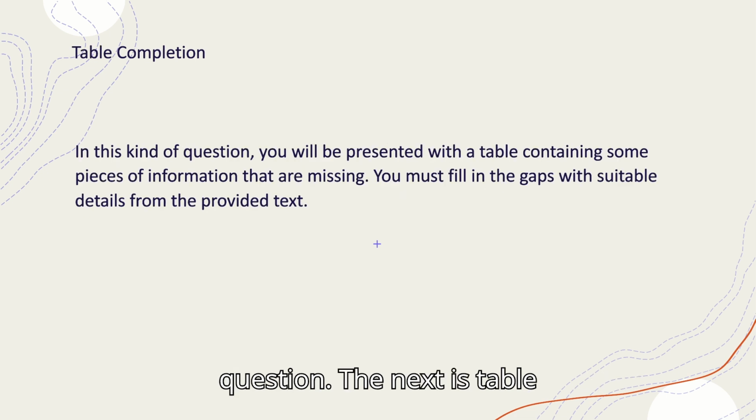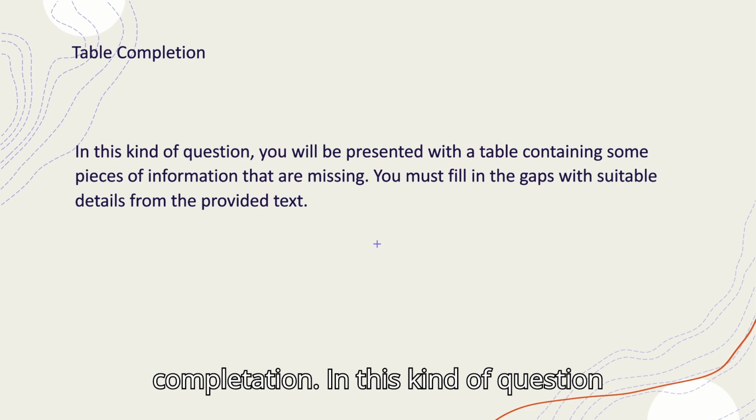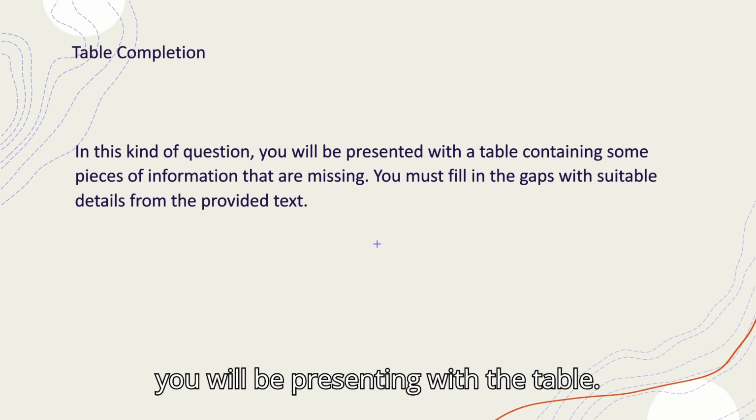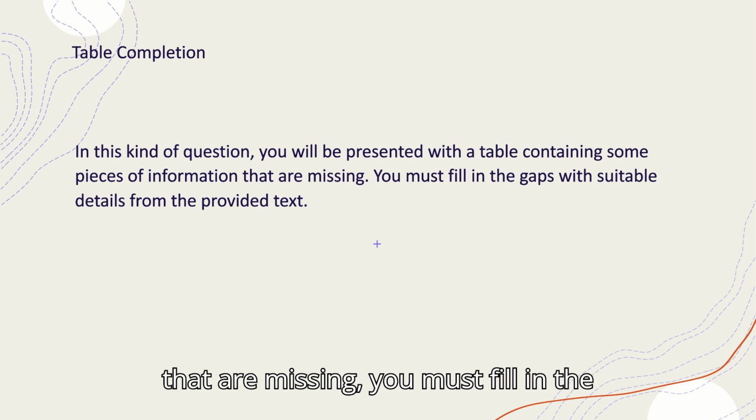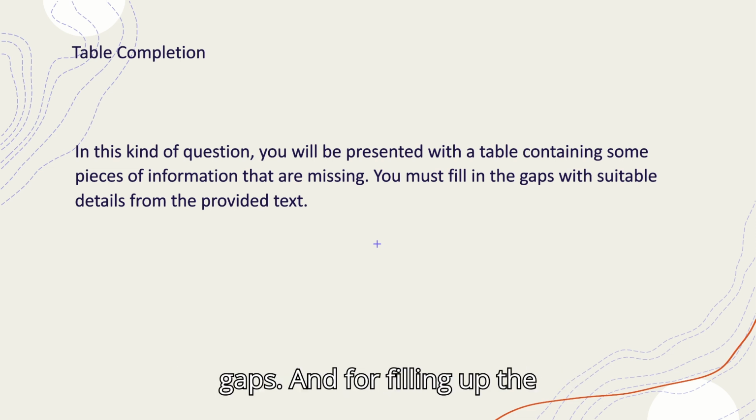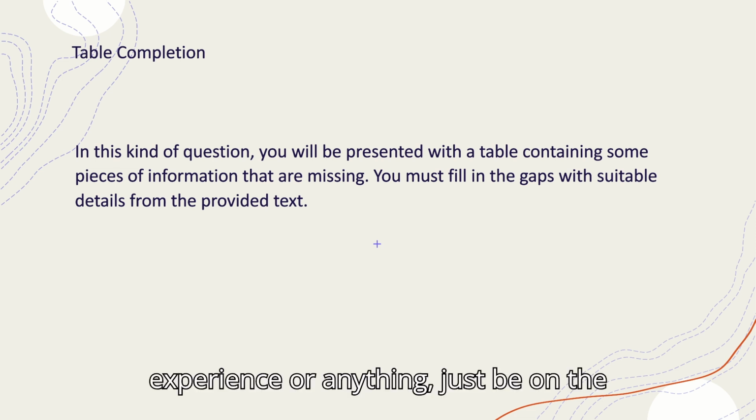The next is table completion. In this kind of question, you will be presented with a table containing some pieces of information that are missing. You must fill in the gaps. And for filling up the gaps, I would again say just don't use your experience or anything.